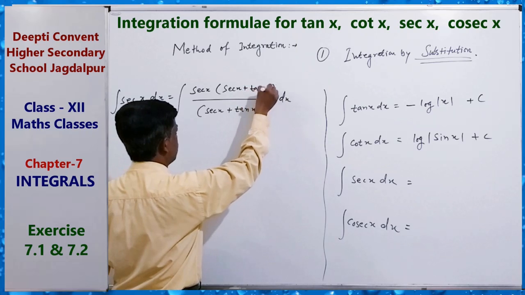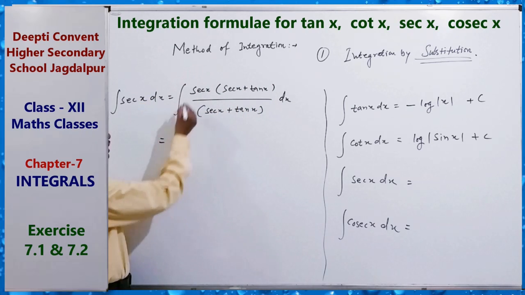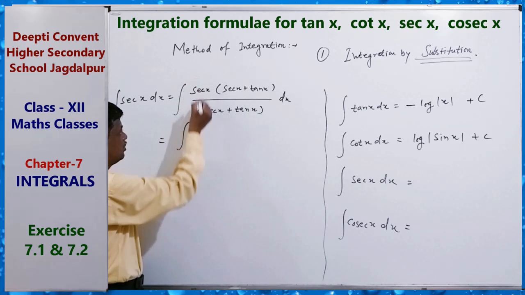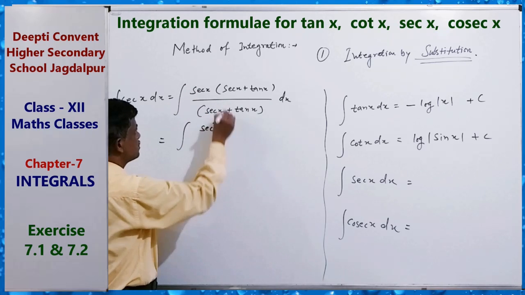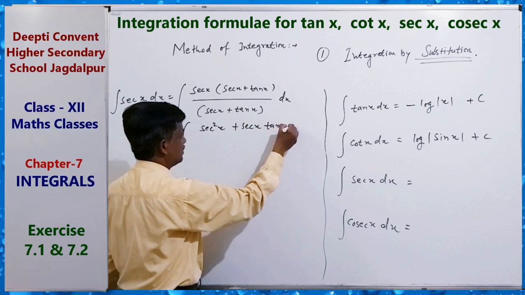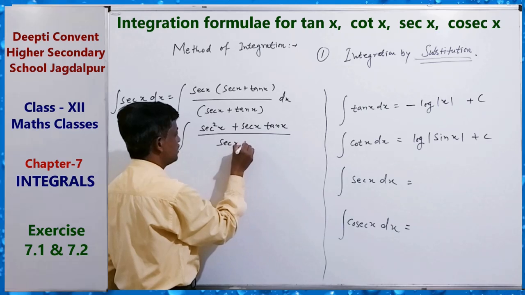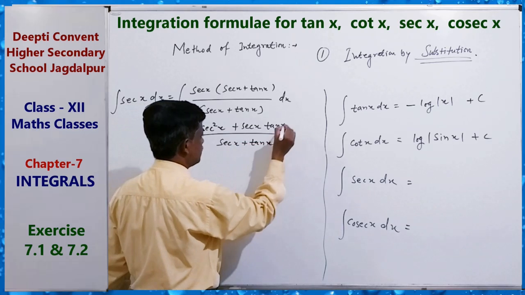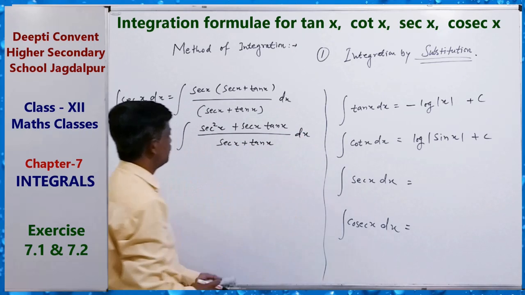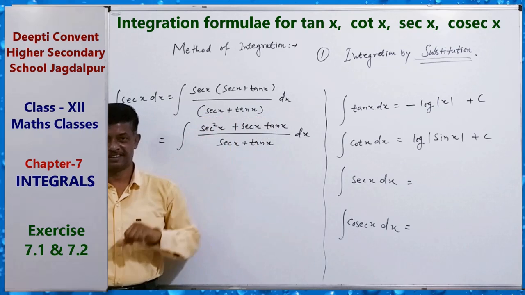We have to multiply only. Sec x plus tan x is in numerator and denominator. Now we see that in numerator, sec square x plus sec x tan x upon sec x plus tan x dx. We know its integration.